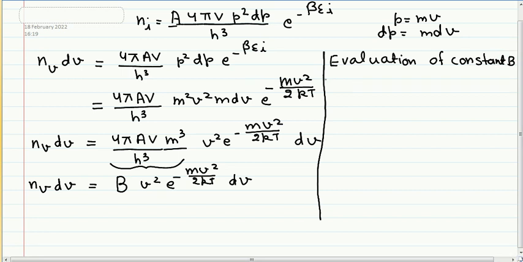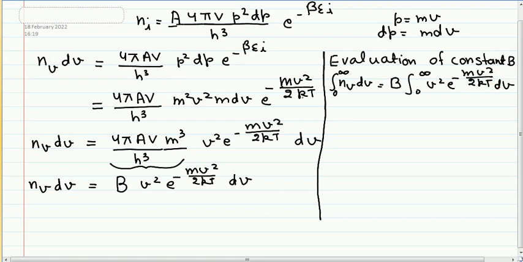So for this we will integrate both sides within the limit 0 to infinity. Integral of n(v) dv is equal to constant b and then integral 0 to infinity v square e to the power minus mv square upon 2kT dv.